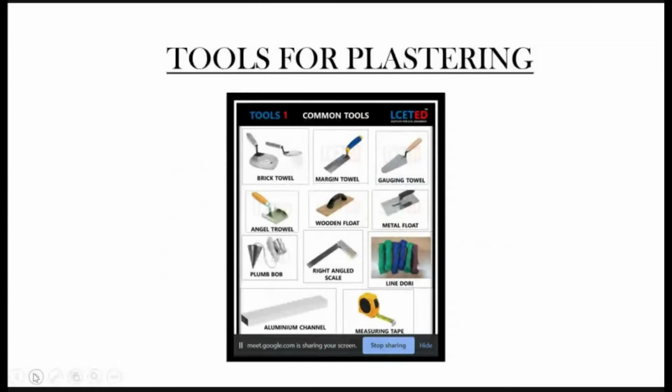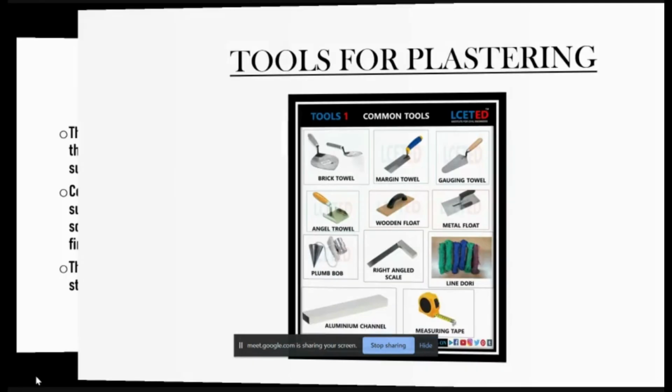Tools for plastering are brick trowel, margin trowel, gouging trowel, angle trowel, wooden float, metal float, plumb bob, right angle scale, line dori, aluminium channel, and measuring tape.